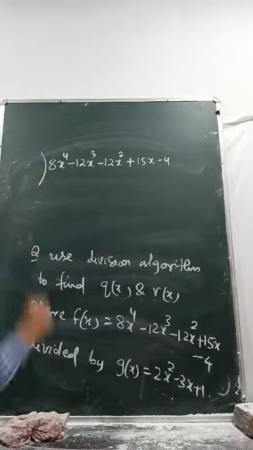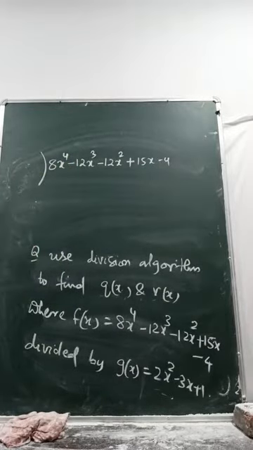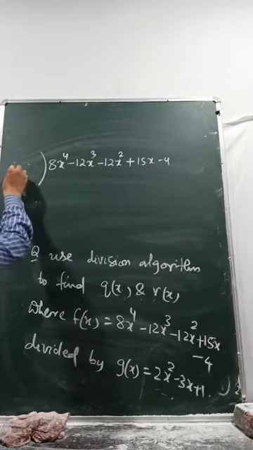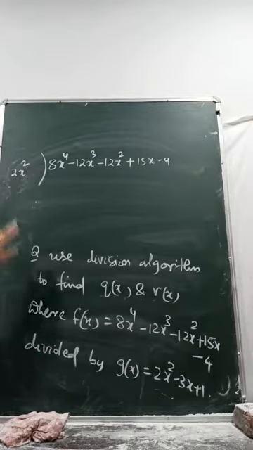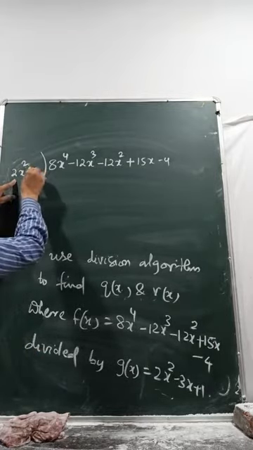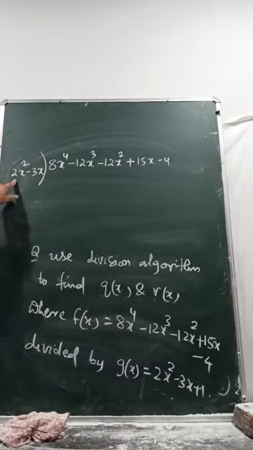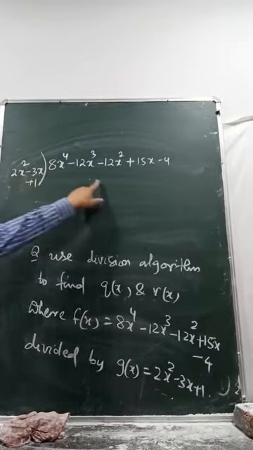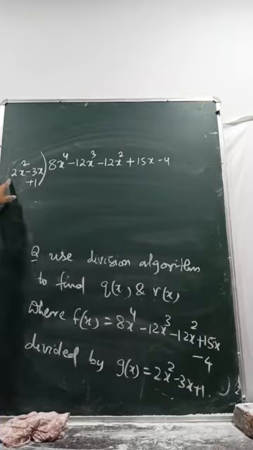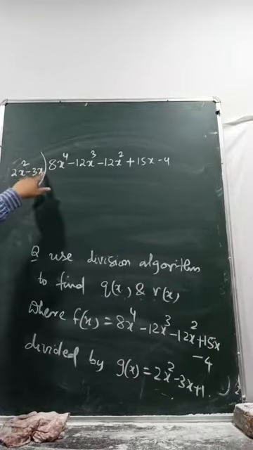You are dividing by which term? 2x square minus 3x plus 1. I hope this is visible: 2x square minus 3x plus 1.